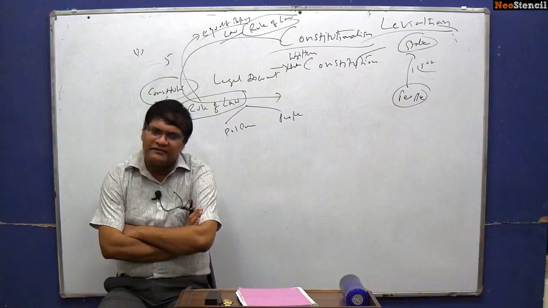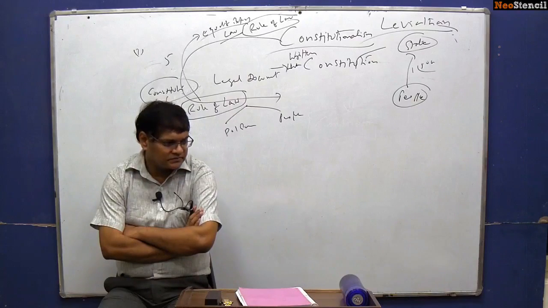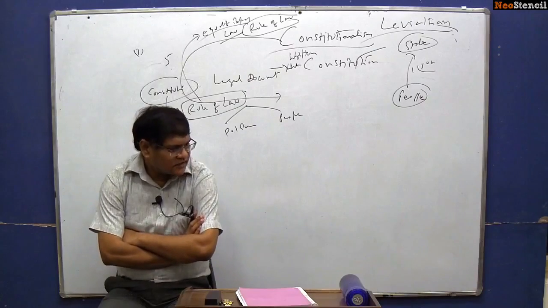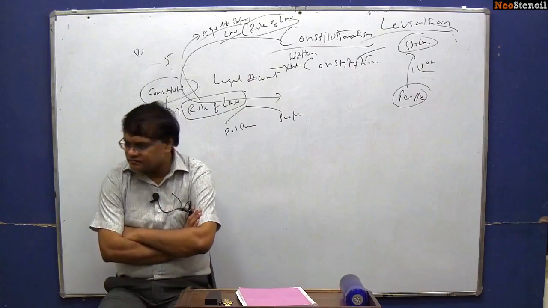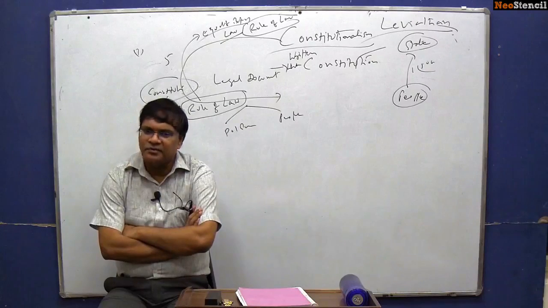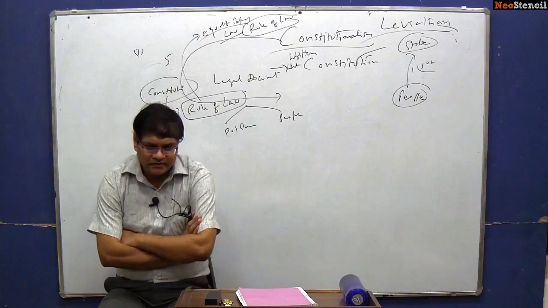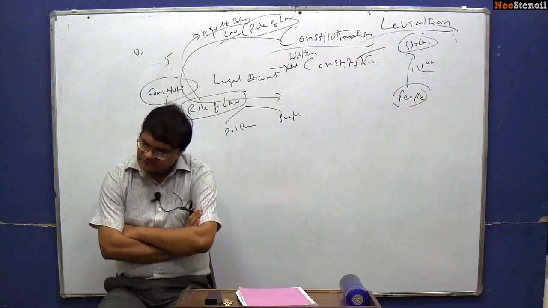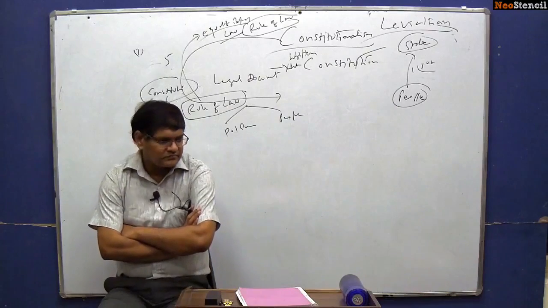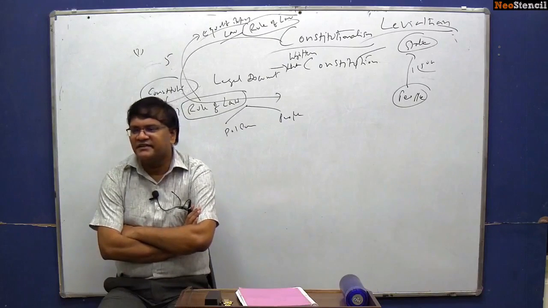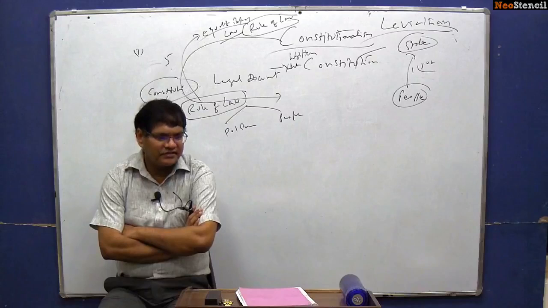Corrupt people are never punished. Honest people are not protected. That is the reason why we say that there is no constitutionalism.